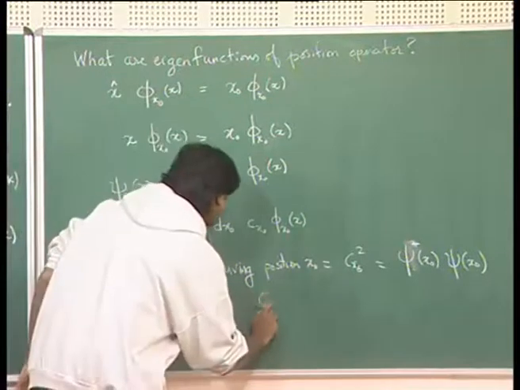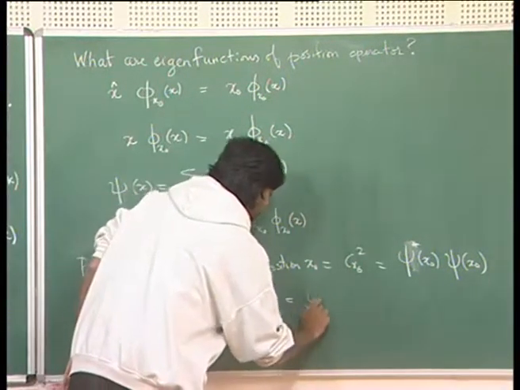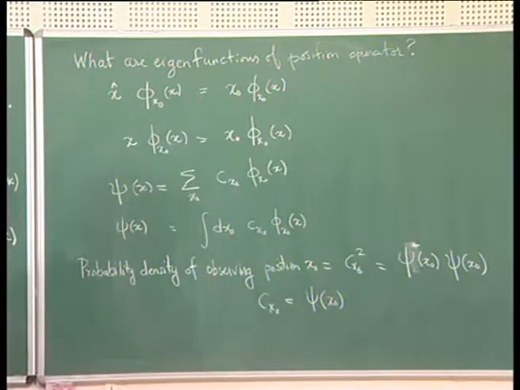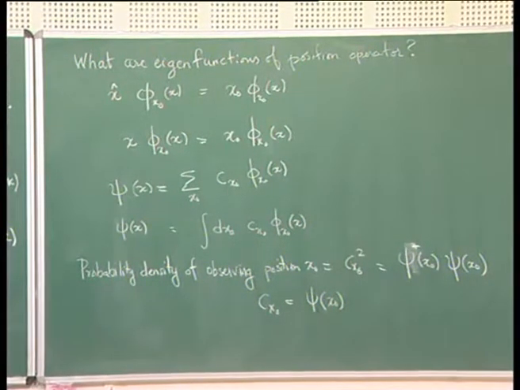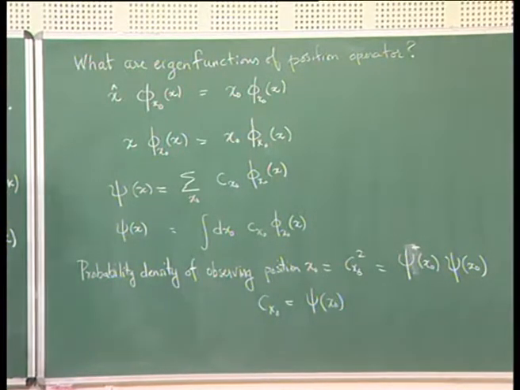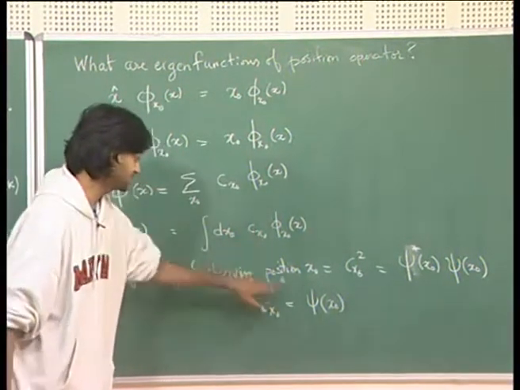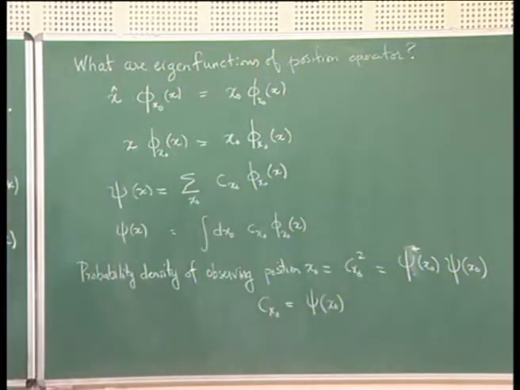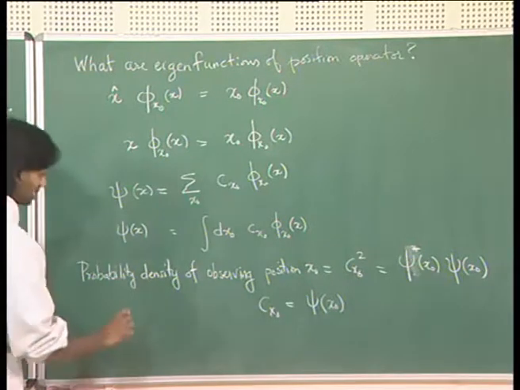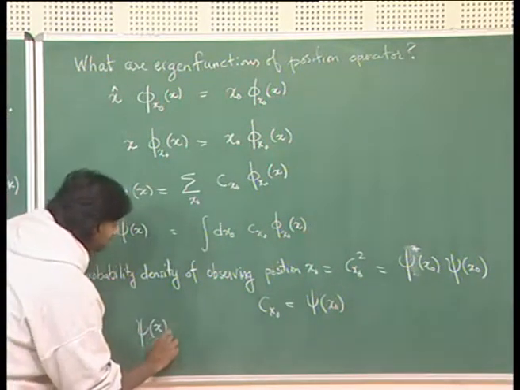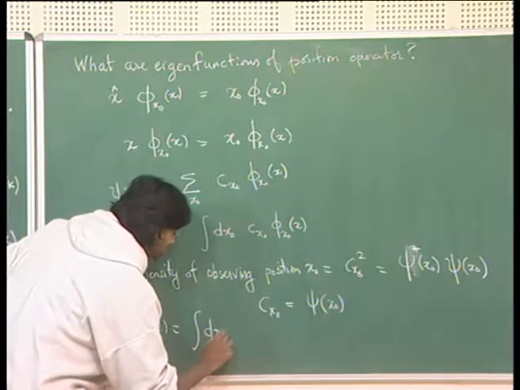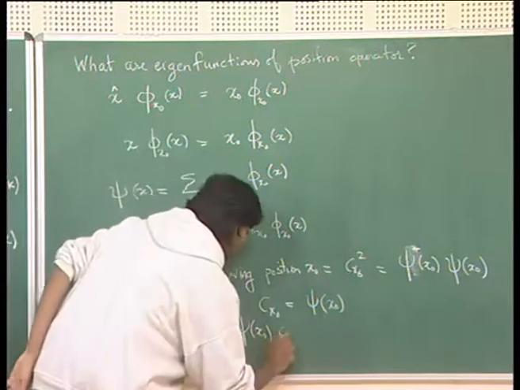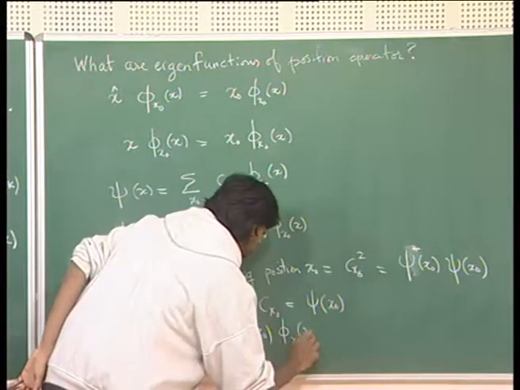So, in other words, c of x0 should be equal to psi of x0. So, that c of x0 squared is psi star psi. Okay. So, in other words, you have psi of x is equal to the integral dx0 psi of x0 phi x0 of x.